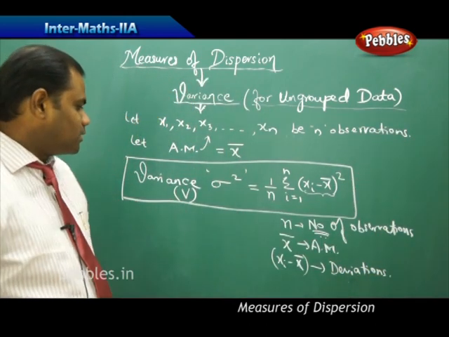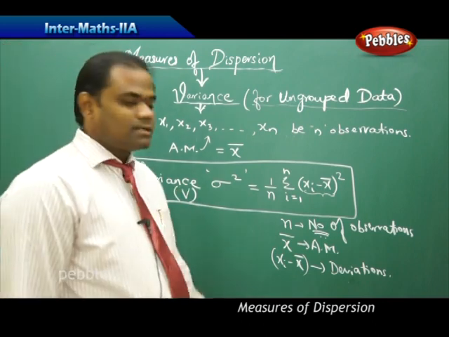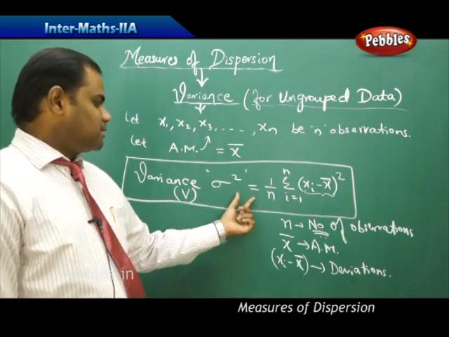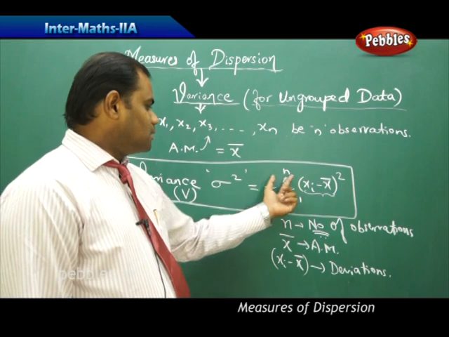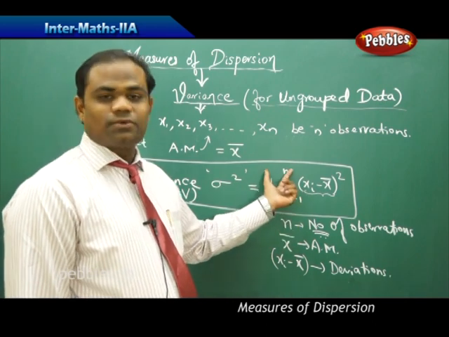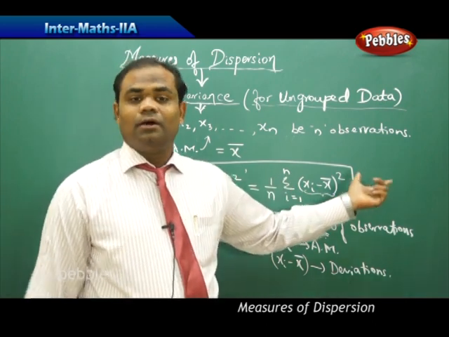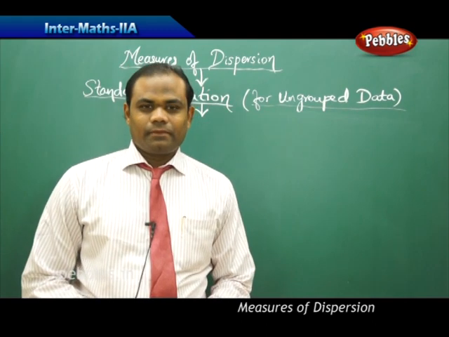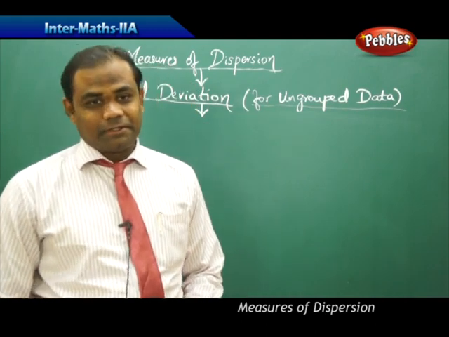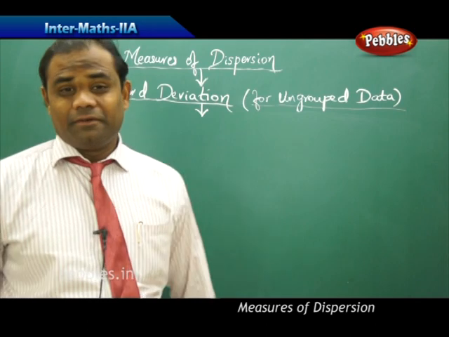So based on these three, we define the variance as sigma squared or V, and it is given by the formula 1 by n summation i equal to 1 to n xi minus x bar whole square. So the next measure of dispersion is the standard deviation.